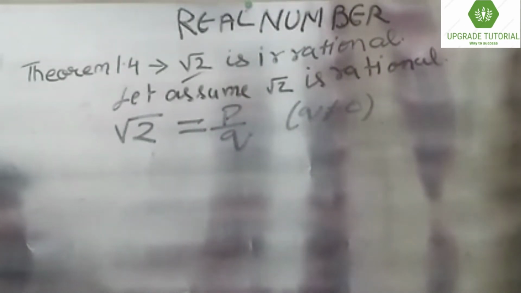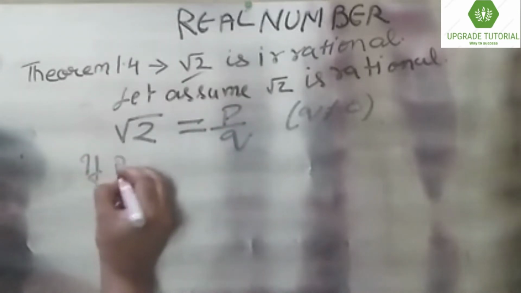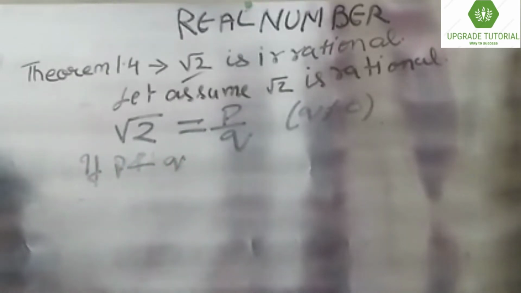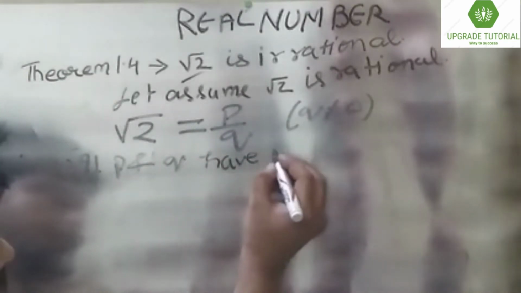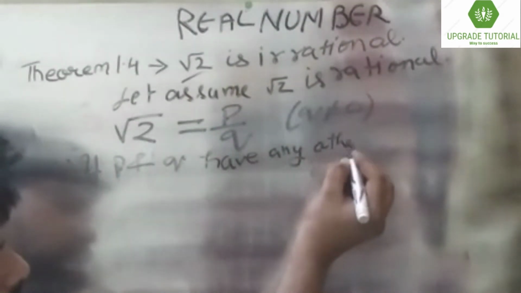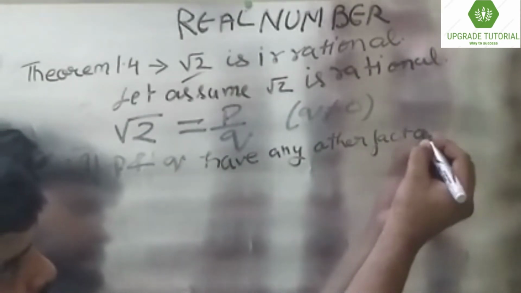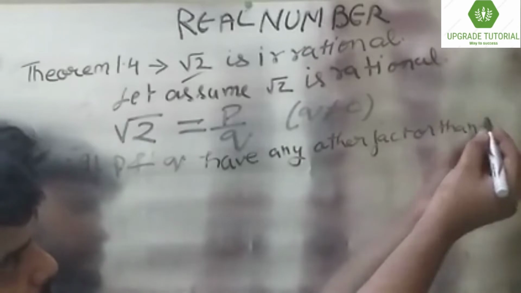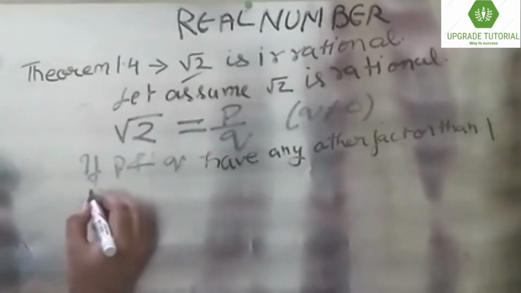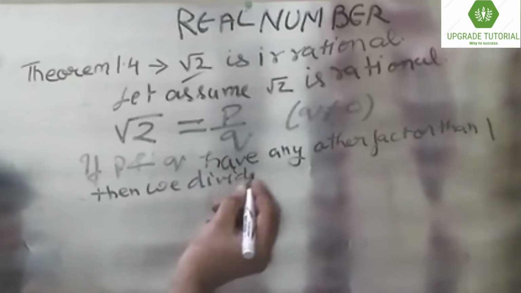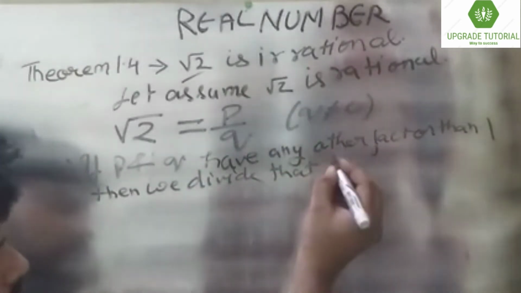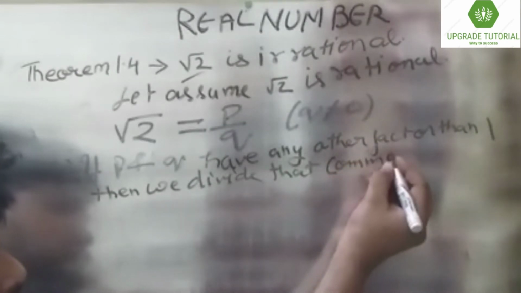If p and q have any other common factor than 1, then we divide that common factor out.